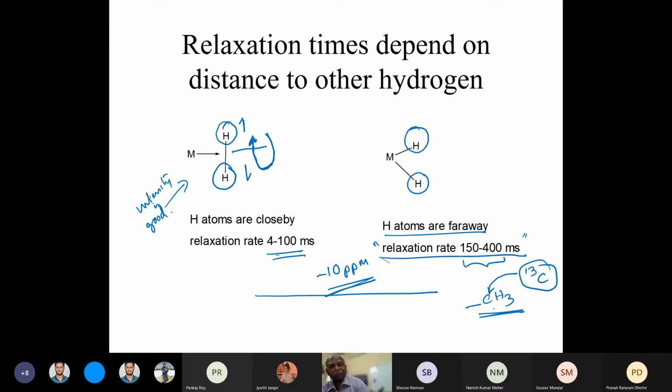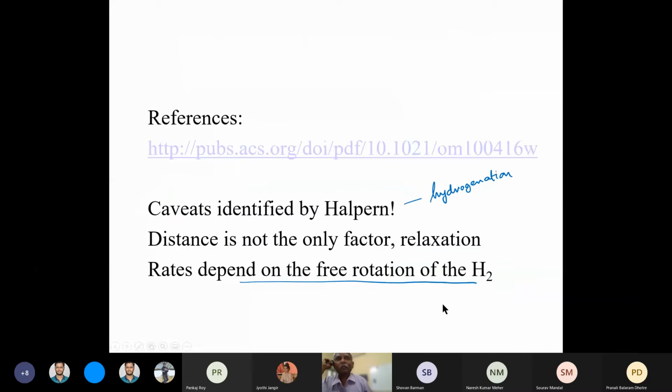Why? Because the hydrogens are flipping back and forth very fast, and they improve the relaxation rates of the carbon. A similar effect was suggested by Halpern. He said that the rotation is responsible for the relaxation rate change. So you have to consider whether it's rotating and whether it is close by. If it's rotating also, you will get good intensity. If it's close by also, you will get good intensity. Okay, so that's the complication.